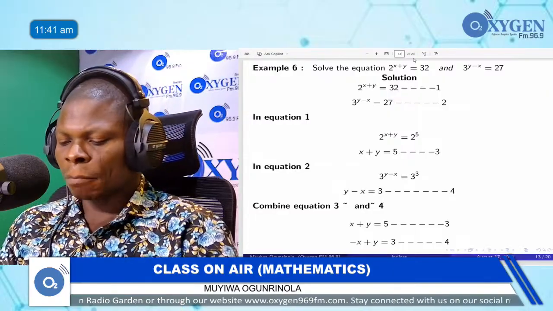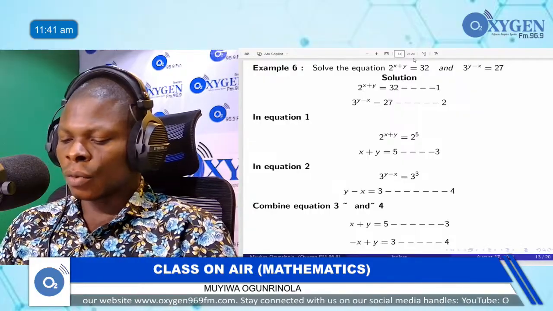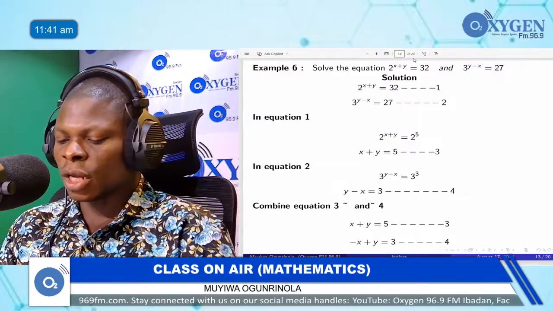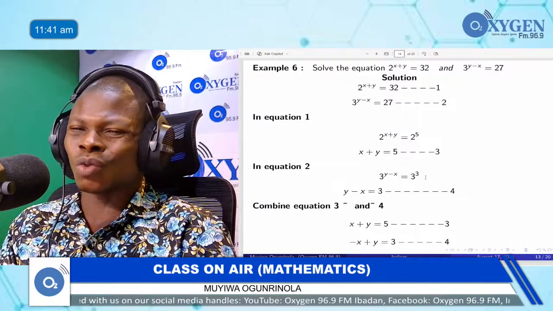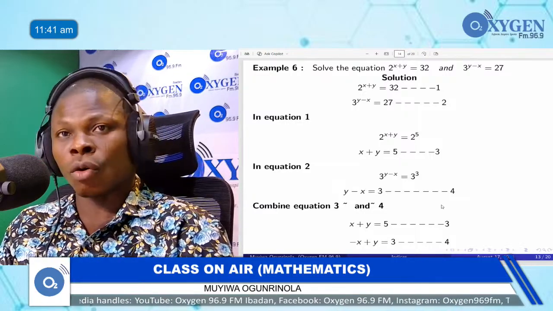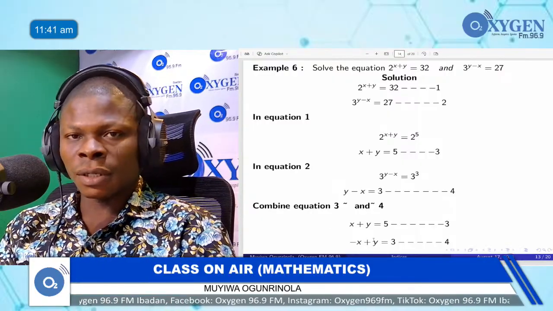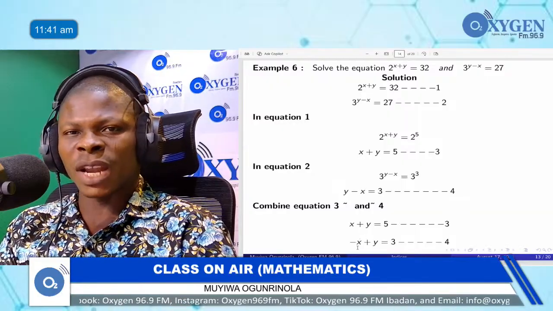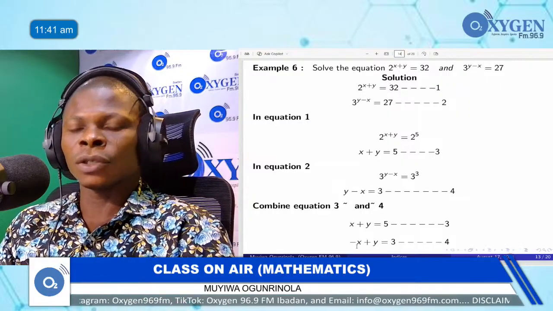Now here we can use the elimination method, because the two are variables here, we need to kill one. The word elimination is from eliminate, just to kill one variable in order to get the second one. You see that the first one has positive x, and the second equation has negative x there. So it is easy for us to eliminate x.